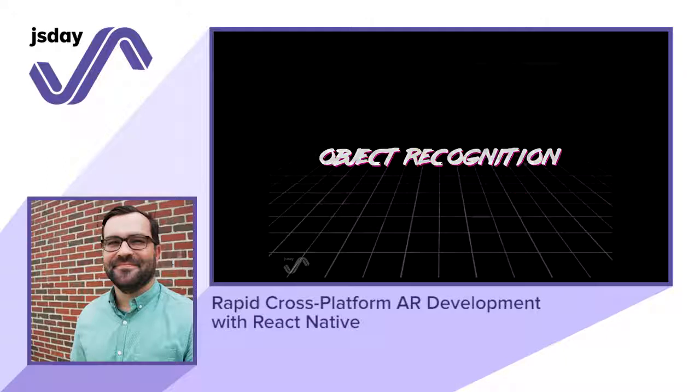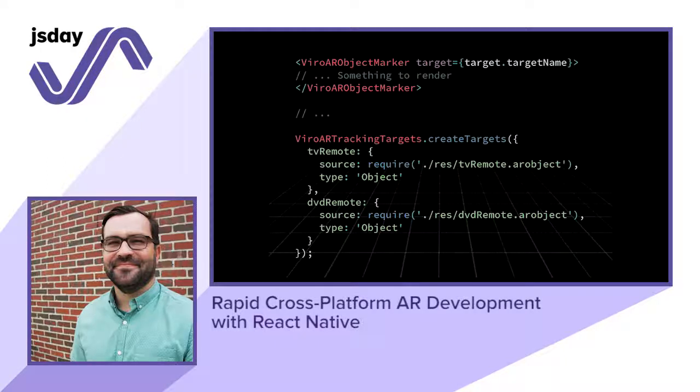So Viro has an AR object marker. It behaves in almost the exact same way as the image marker, except the only difference is the source. If you look at the file, it's a .arobject file. This particular type of file is something that Apple created, and Apple actually has an app that you can download to create these AR object files.